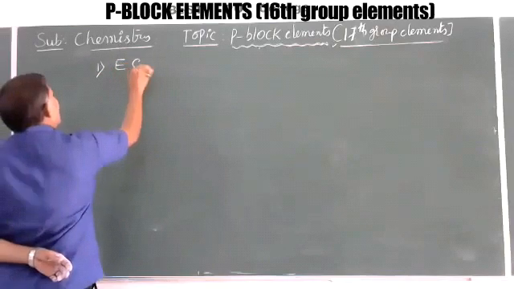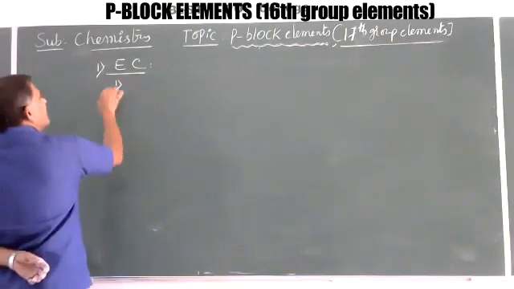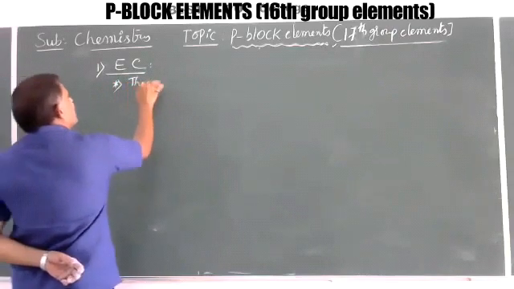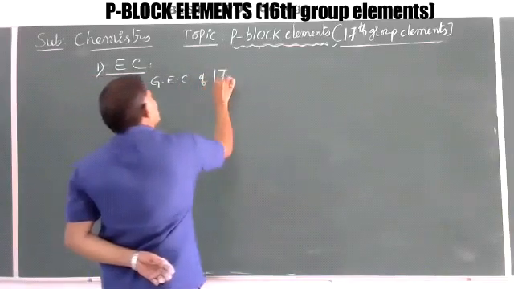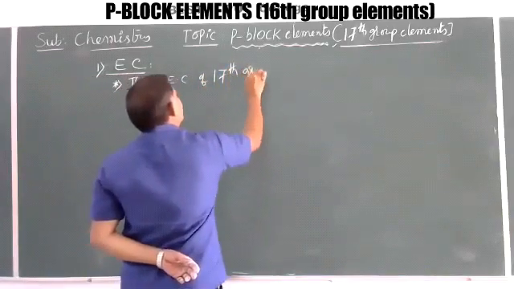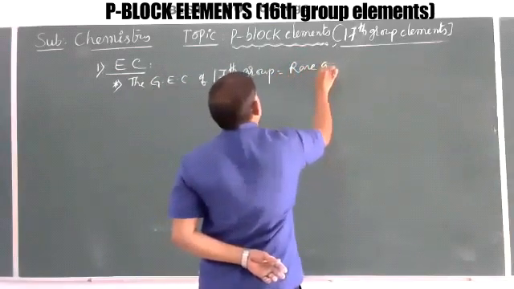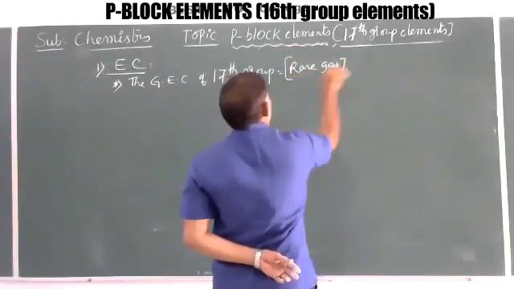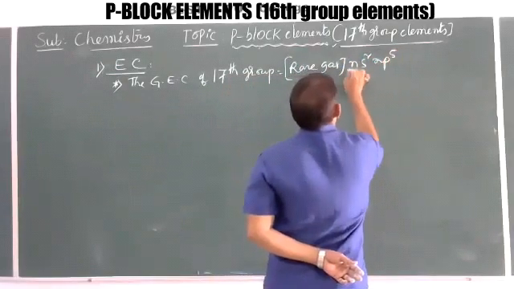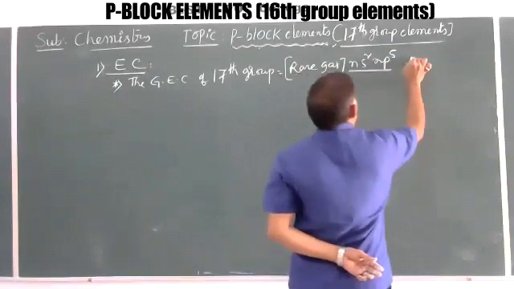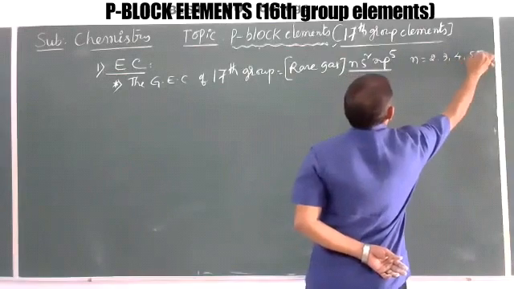These are the electronic configurations of 17th group elements. The general electronic configuration of 17th group elements is rare gas ns2 np5, where n starts with 2, 3, 4, 5 and so on.